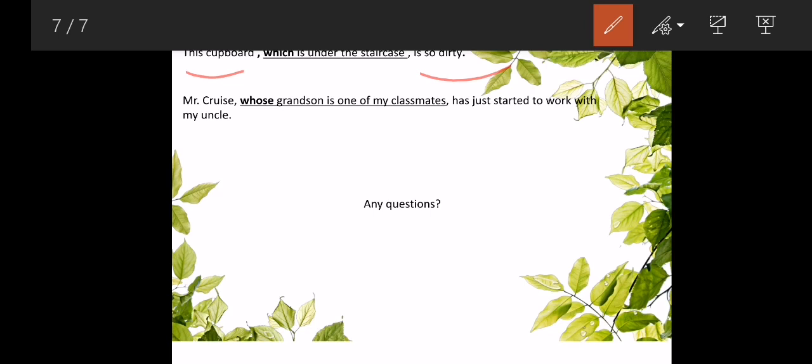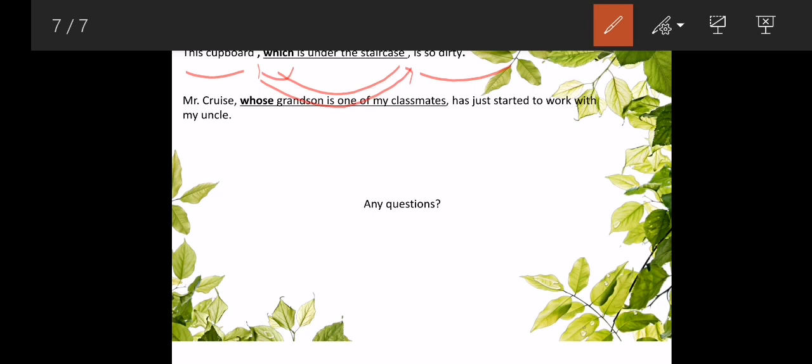I can give this additional information by using a non-defining relative clause. Okay? This cupboard, which is under the staircase, is so dirty. In this clause, which is our relative pronoun. This part between commas, "which is under the staircase," is our non-defining relative clause.